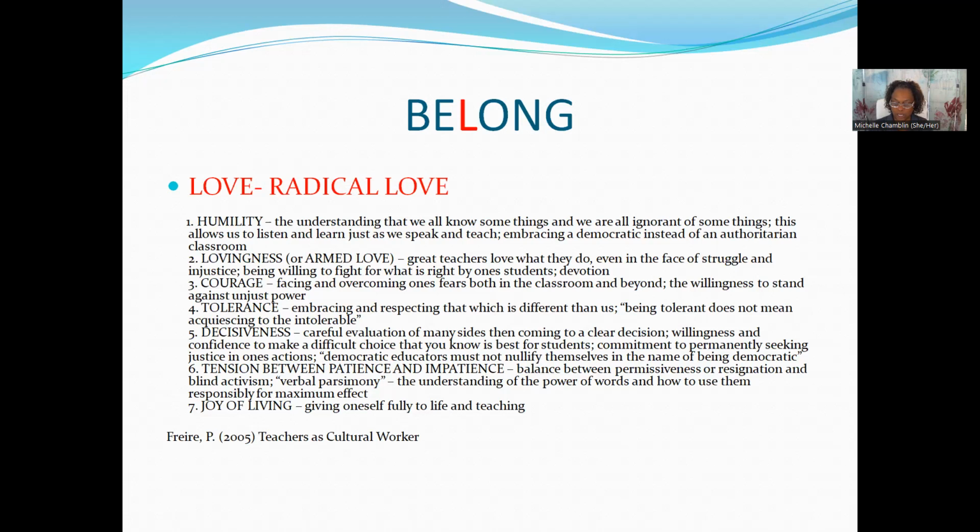When we live radical love, we embody this definition. When we teach with radical love, we embody this definition too. In Teachers as Cultural Workers, published in 2005, Freire gave us 7 indispensable qualities that teachers who embody radical love should possess.